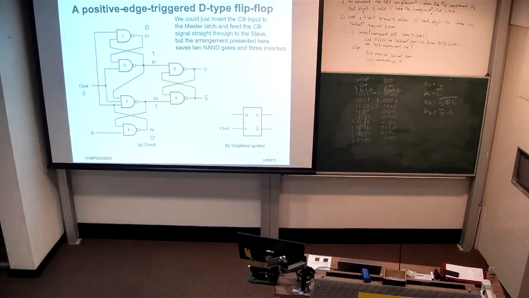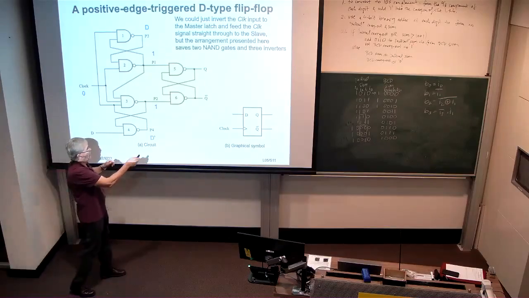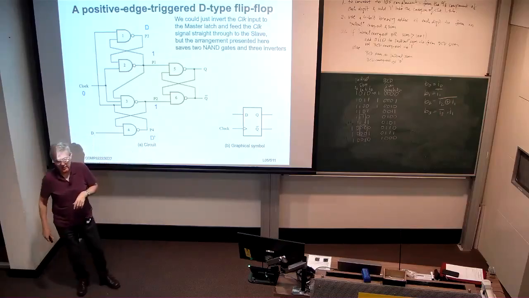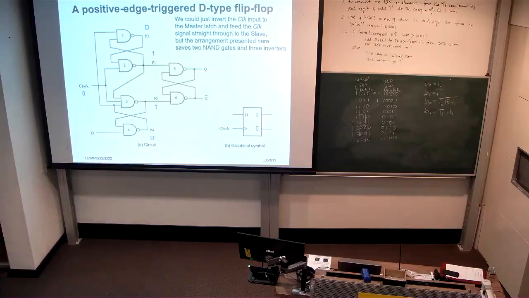In this particular case, when the clock is low, because these inputs to NAND gates 2 and 3 are low, P1 and P2, those two wires, are going to be at 1. As a consequence, we have that feedback loop operating here on the output stage, or the slave, if you like, of the positive edge-triggered flip-flop.